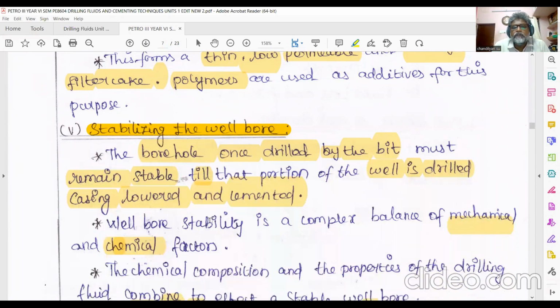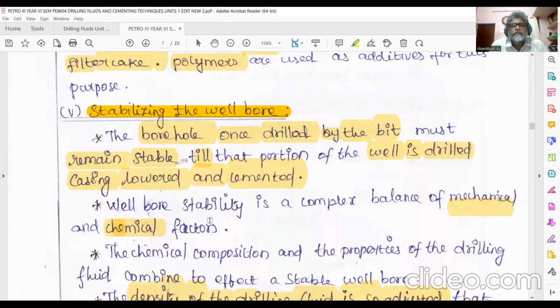Stabilizing the well bore. The borehole, once drilled by the bit, must remain stable till that portion of the well is drilled and the casing is lowered and cemented. So when do we need to stabilize the well? Here is the answer. Well bore stability.